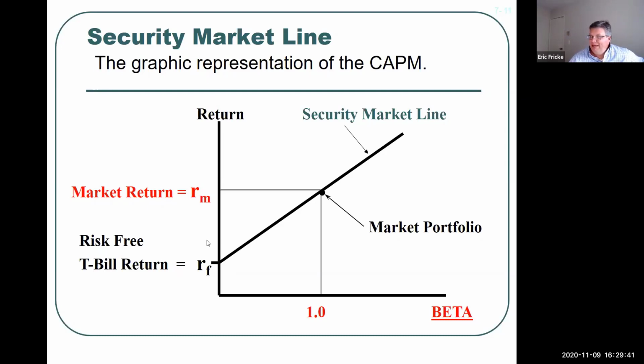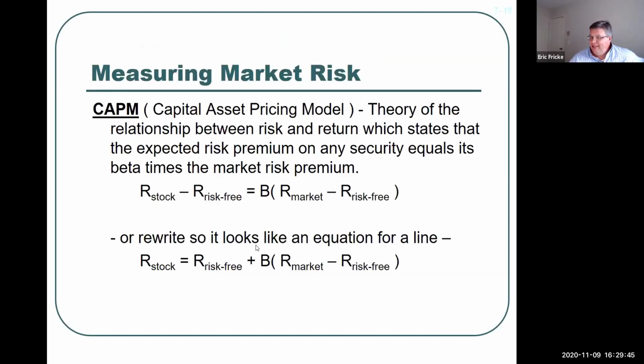And so when we go back to the CAPM model, right down here, this is our line, if you will, and the risk-free rate right here is basically our y-intercept term, and then we have the slope and our other variable.